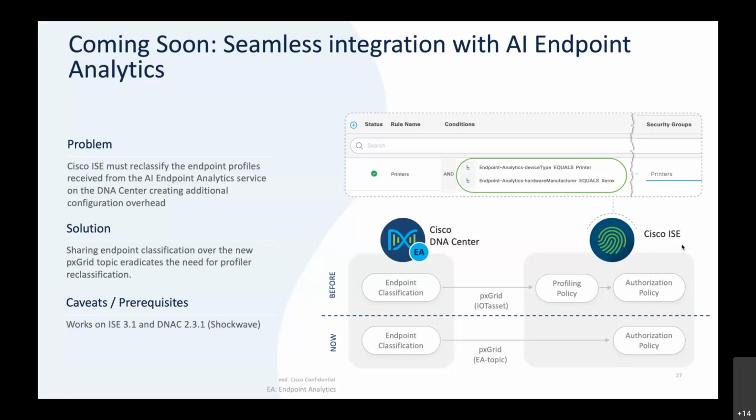And that's going to eradicate the need for you to go in and do profile reclassification. So as a result, this will save an ICE admin a ton of time and remove one of those previous steps that I talked about, where you have to go in and do that reclassification of endpoint profiles. That'll automatically be done for you and shared over that pxGrid topic. So that's a key improvement to call out that'll be upcoming soon.